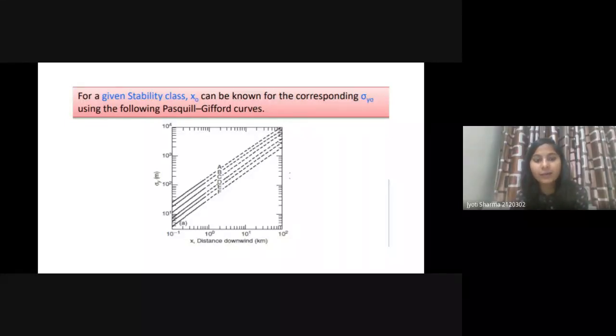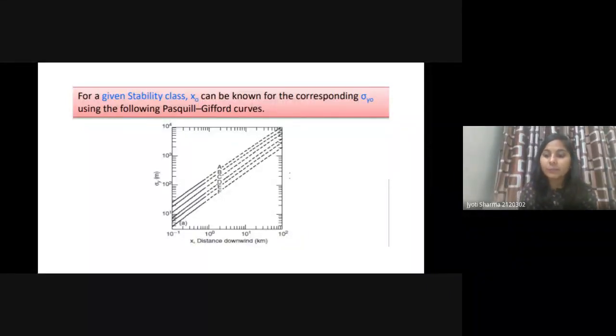Based on the stability class given in the numerical, which can be either A, B, C, D, E or F, and based on the distance up to the receptor where you want to calculate the concentration, you will get the value of the standard deviation in the horizontal as well as in the vertical direction. So you will get that from this curve.